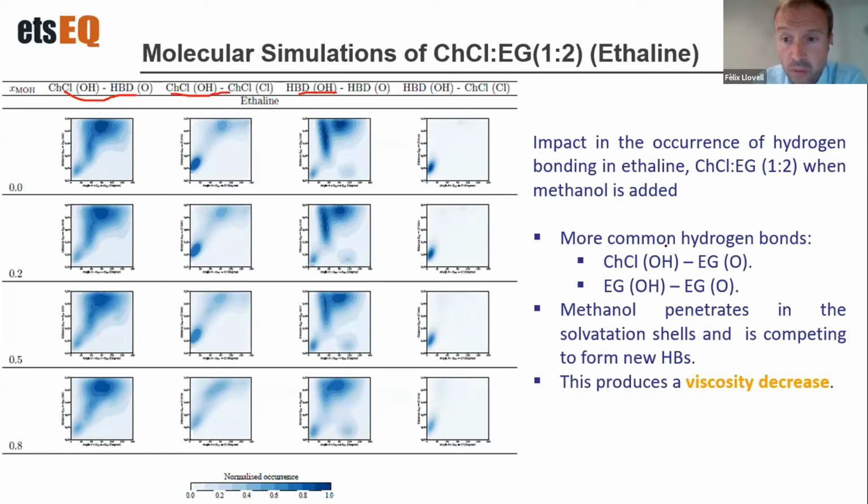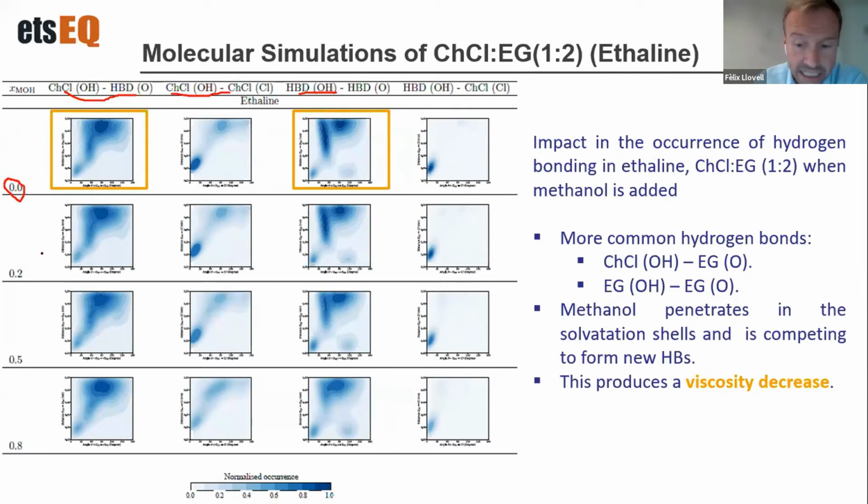So the most common hydrogen bonds were the hydroxyl group of choline chloride with the oxygen of ethylene glycol, which is this one, and also a self-association between ethylene glycol molecules, the hydroxyl group of ethylene glycol and the oxygen group of ethylene glycol. Here in this first line, we don't have methanol. We have only the DES.